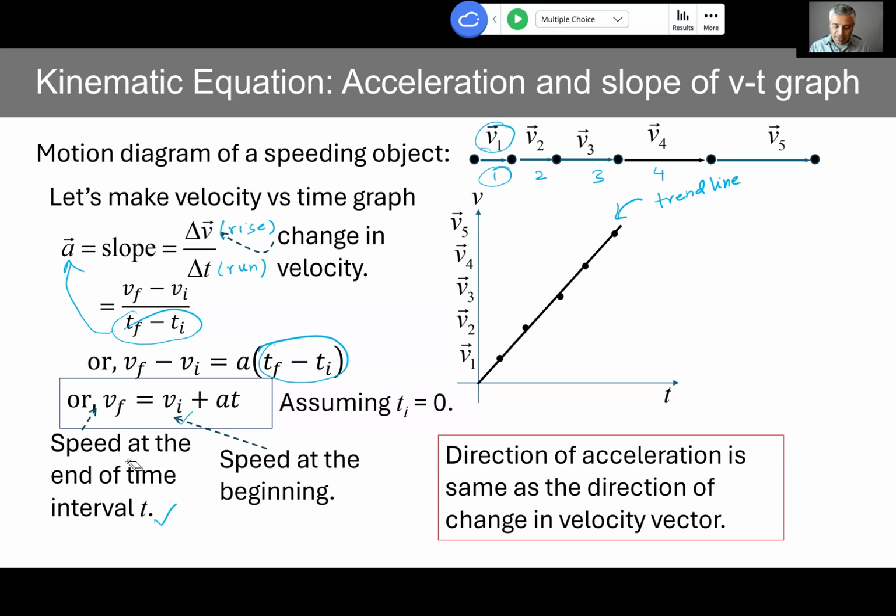The direction of acceleration is the same as the direction of change in velocity vector, or the same as the slope.